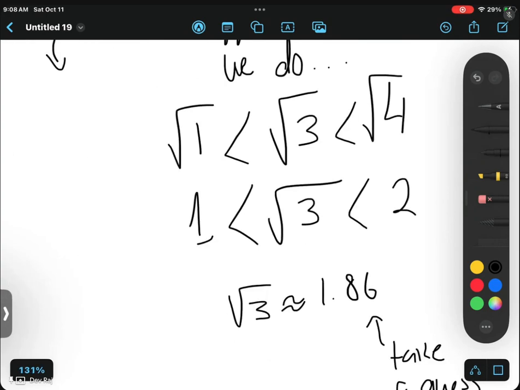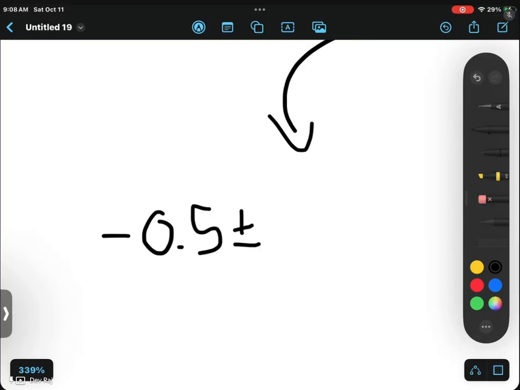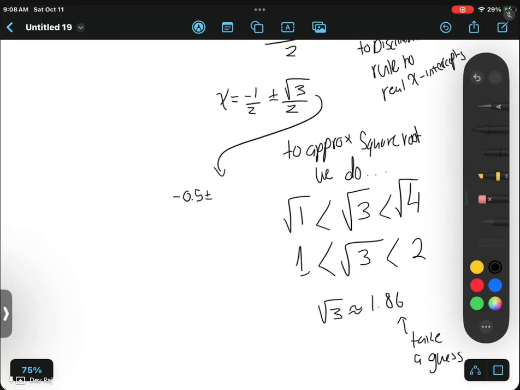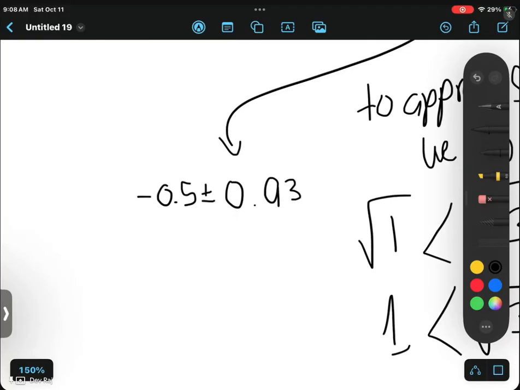What's half of 1.86? Okay, so we get 0.93.